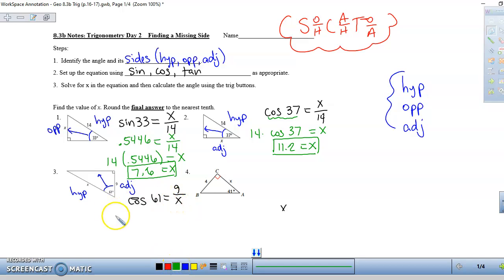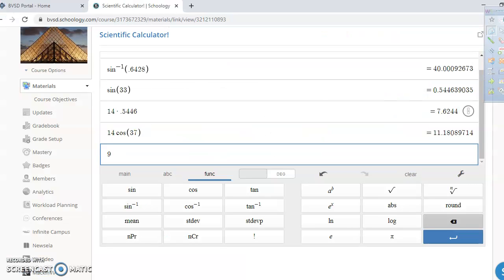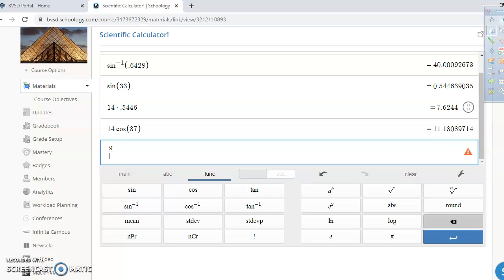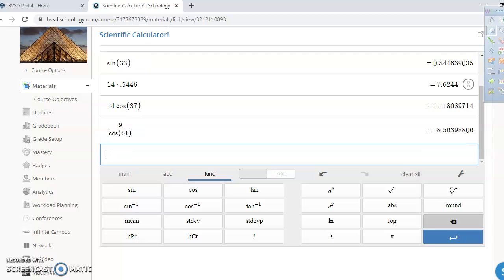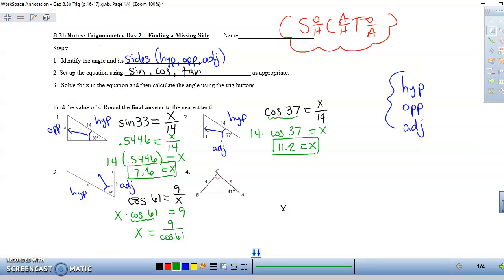You are going to multiply the x to the other side, and then this whole thing stays together and you divide it. So you get 9 divided by cosine of 61. In your calculator, you are going to do 9 divided by cosine 61. And you get 18.6. Okay, the last one, if you try it, we can go over that if you need to.